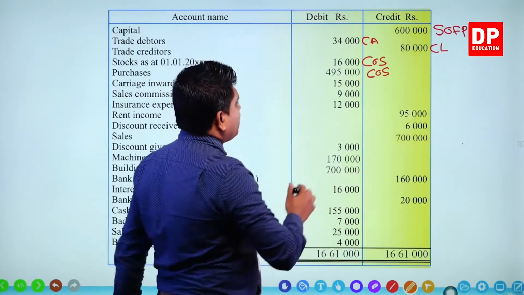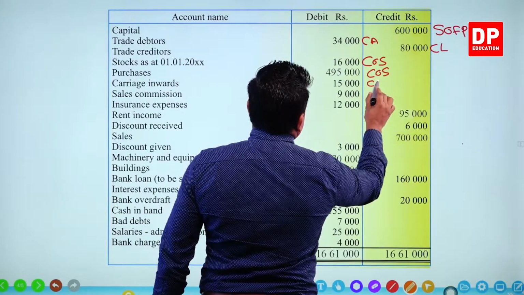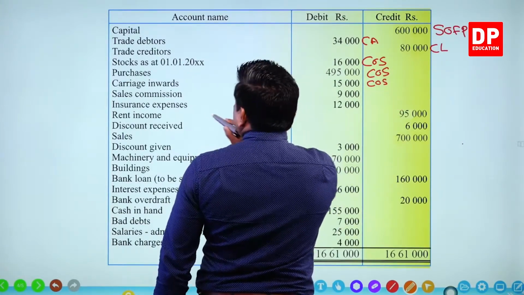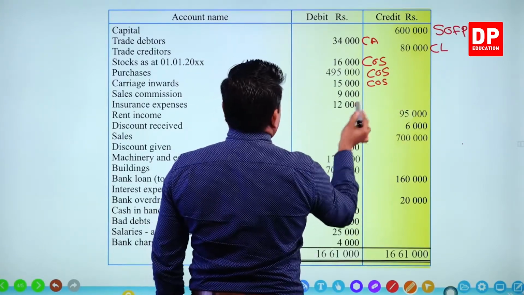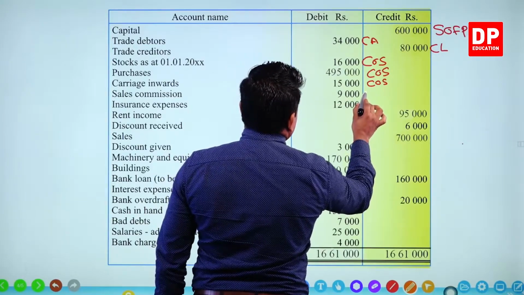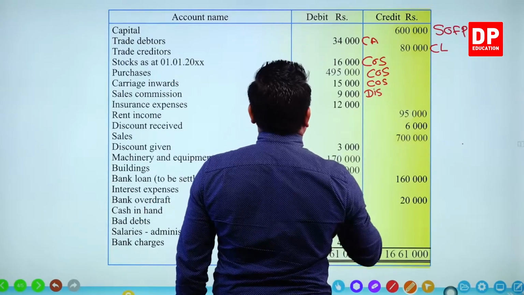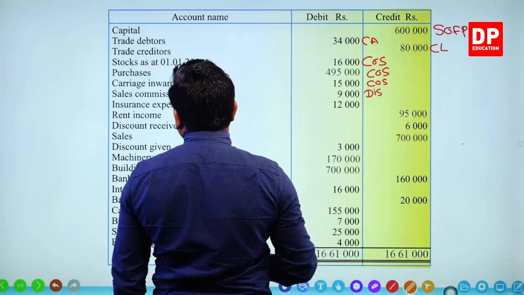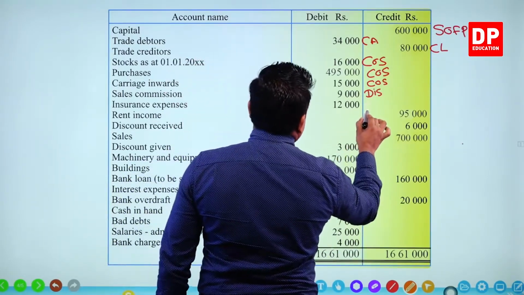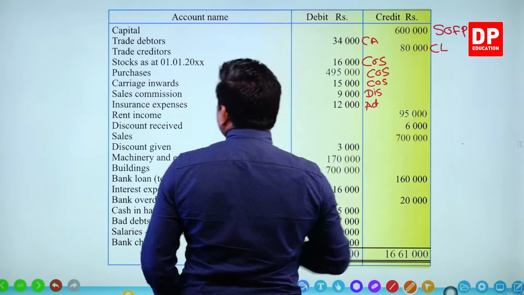You have to add this 15,000 to the cost of sales. Okay. Then sales commission in the debit side, so expense, distributing expense, DIS. Insurance expense, where administration. Okay.